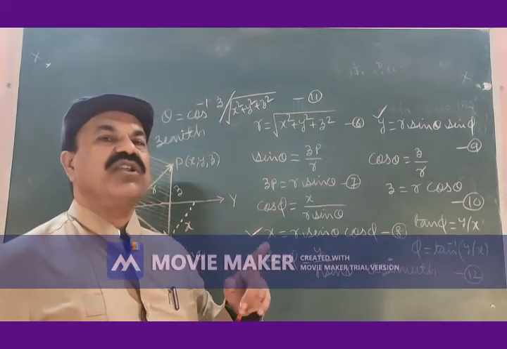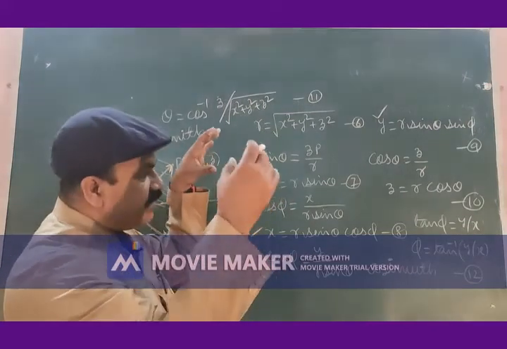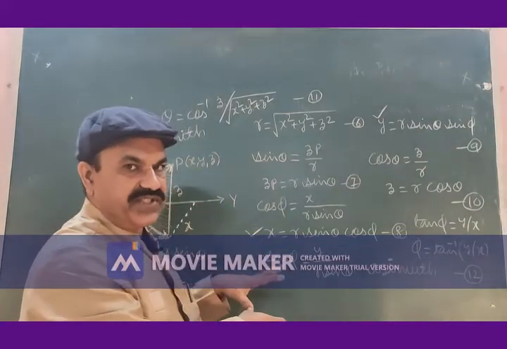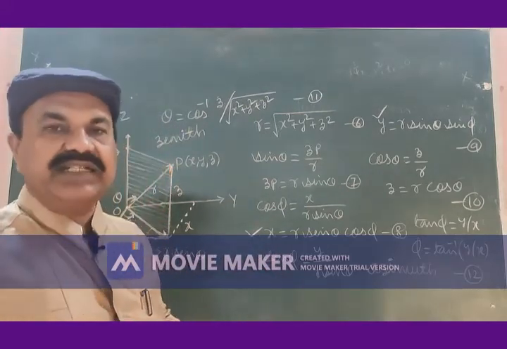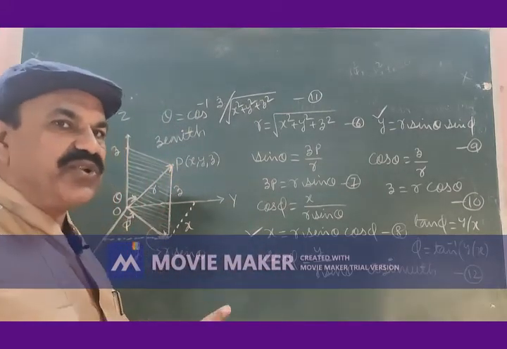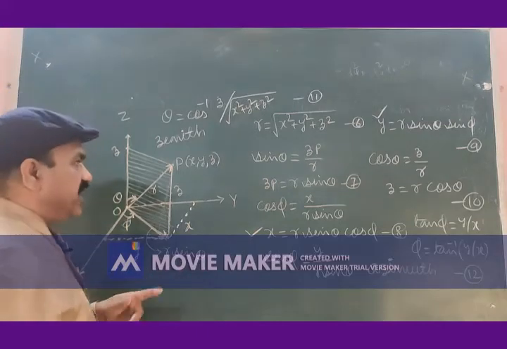So this is about the spherical polar coordinate system, which we have to use for writing the Schrodinger equation for hydrogen atom. Let us make use of all these things and try to write the Schrodinger equation for hydrogen atom.